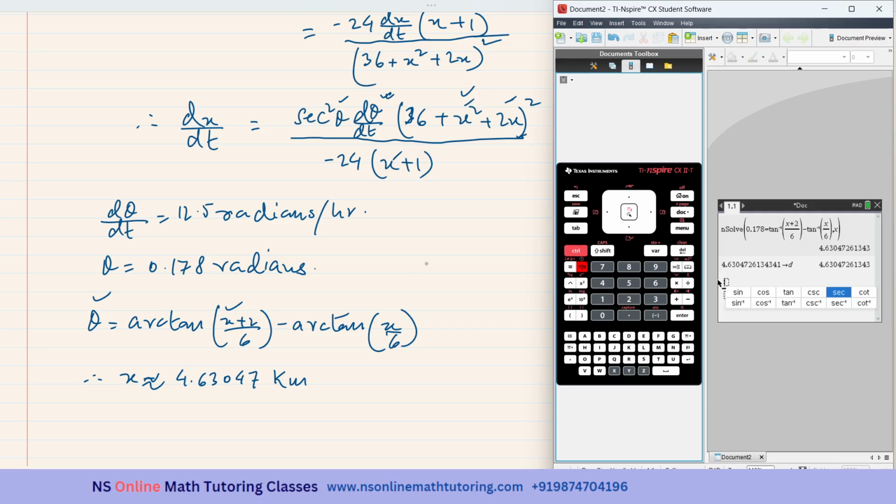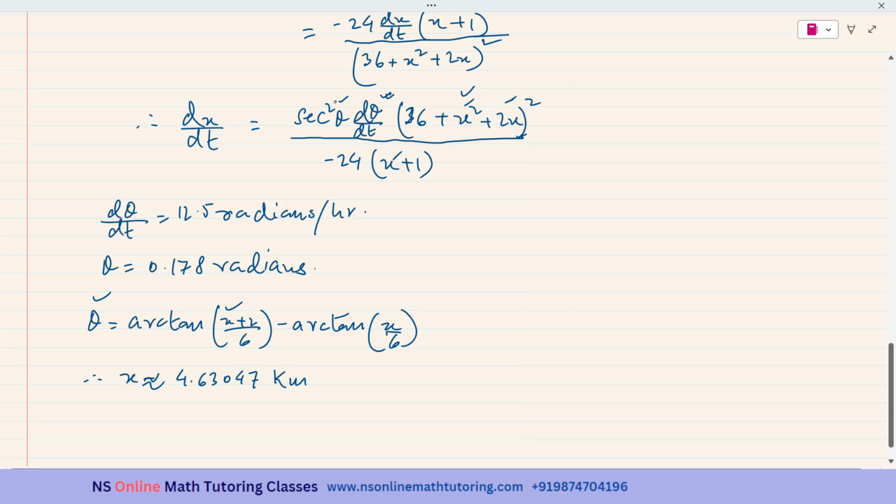But in case during the examination time this part is disabled, then you have to take 1 over cos square theta. Okay. So sec square theta, fine. You cannot input sec square, means usually we write the 2 in between sec and theta, but when you are inputting in the calculator, you have to input it as sec theta whole square. Okay.